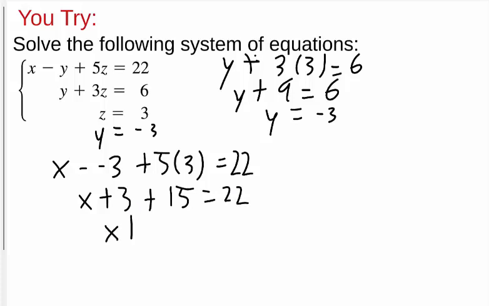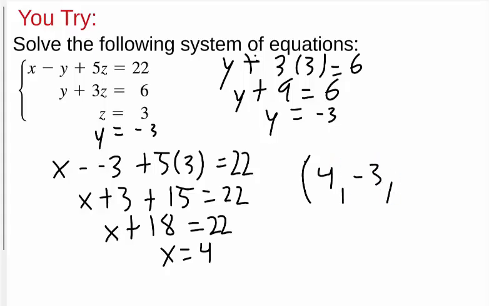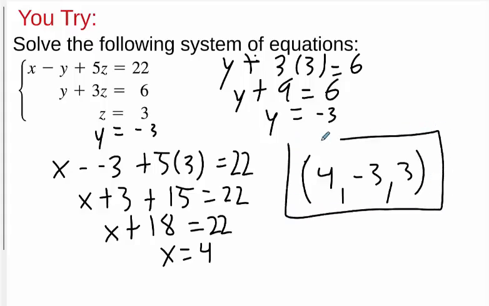So x plus 18 is equal to 22. So x equals 4. So we have our 3 points. We write them as an ordered triple, 4, comma, negative 3, comma, 3. And that is the answer you should have gotten.